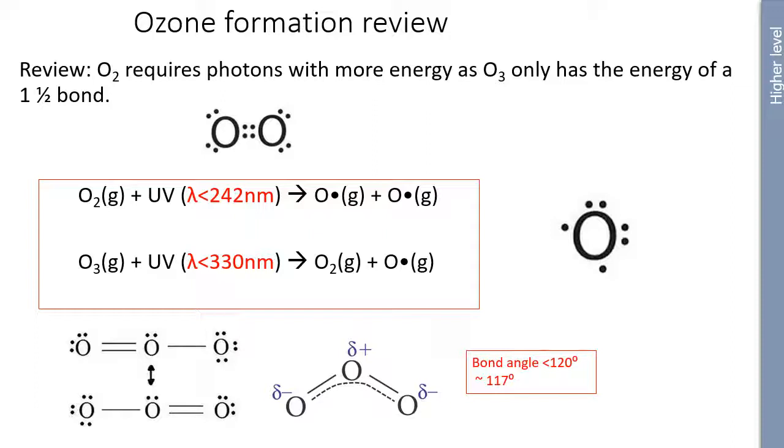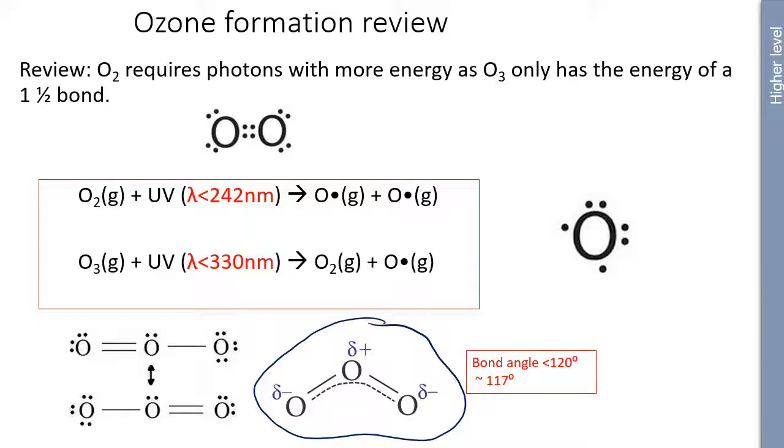So oxygen requires photons with more energy, as ozone only has the energy of 1.5 bonds. We've looked at the bond order calculations, but also from our understanding of resonance forms, we also know that ozone does not have complete double bonds. They are only 1.5 bond order. Okay, so oxygen plus UV radiation with wavelengths less than 242 nanometers gives 2 oxygen free radicals.